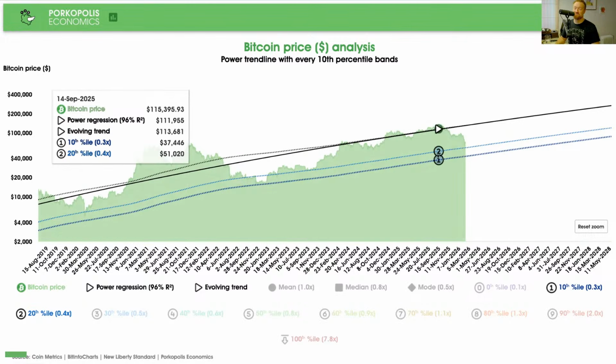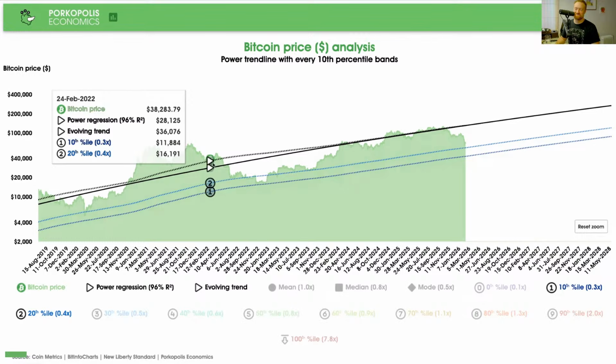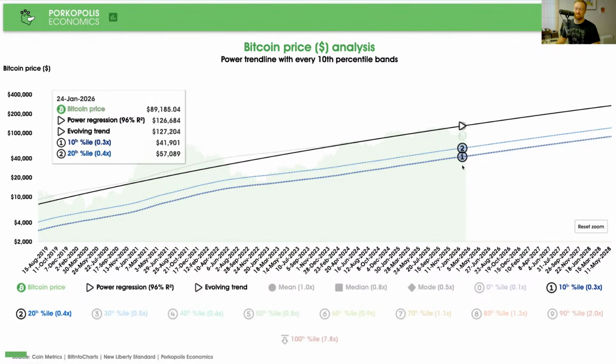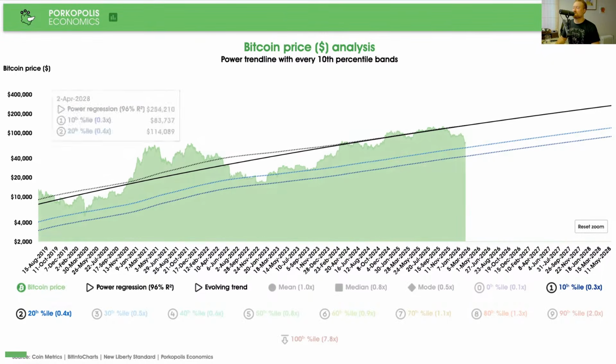I'm still super bullish at these levels as far as time to buy. But DCAing, as we talk about often, is not a bad strategy.